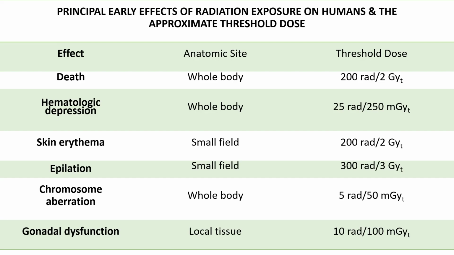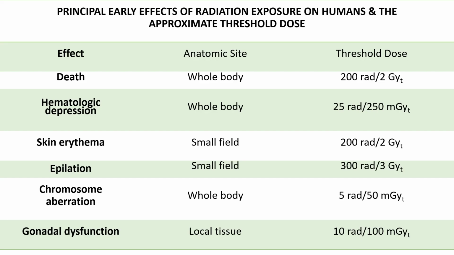So these are the principal effects, okay, of radiation exposure on human and the approximate threshold. So let's say full body, okay, so you need to have a dose equivalent or more than 200 rad or 2 gray in a single exposure.